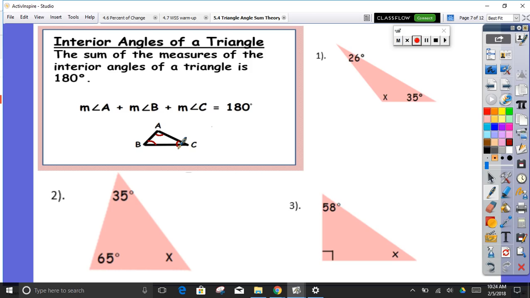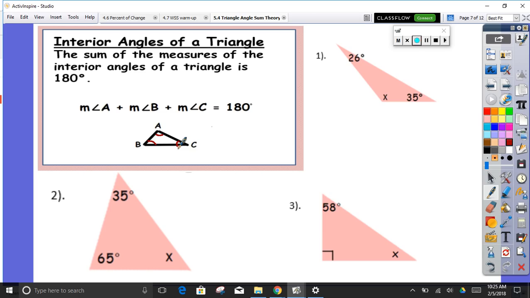So the interesting thing you can do, and I forgot to get my triangle out, but if you have a triangle and you cut the tips off of the triangle and then you line up those tips together, they form a straight line because it's equal to 180 degrees. I'll have to pull that out for second period. I'll show you that. So the angles in a triangle always add up to 180 degrees.